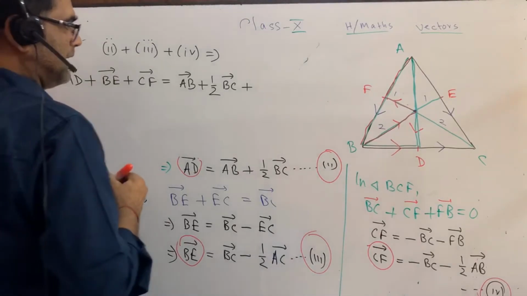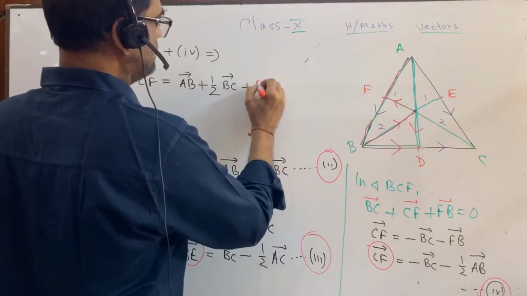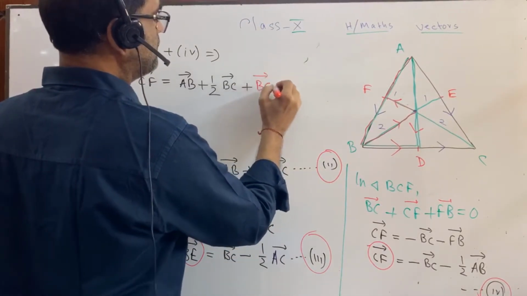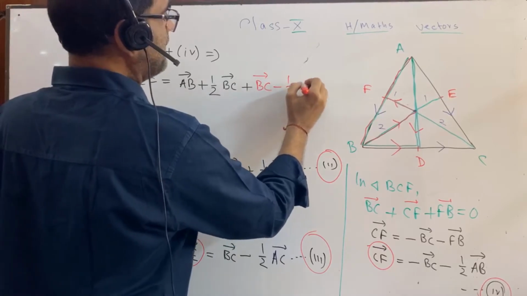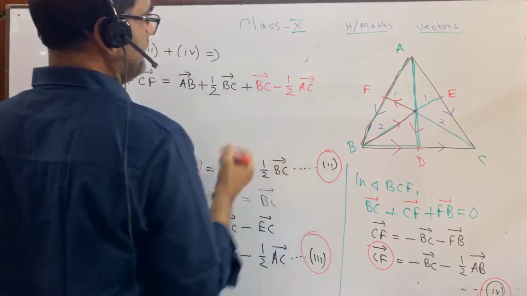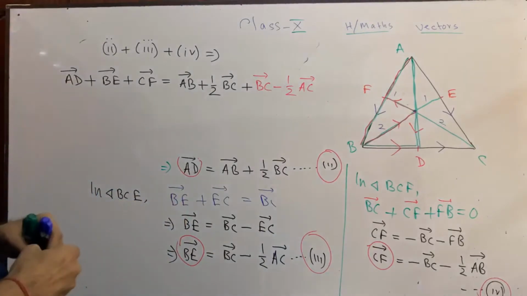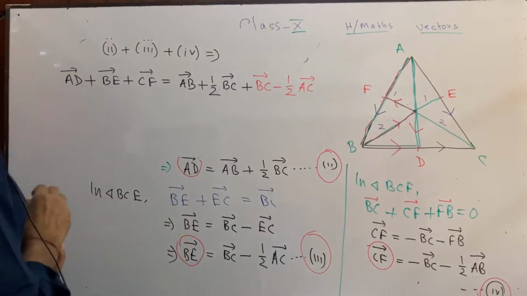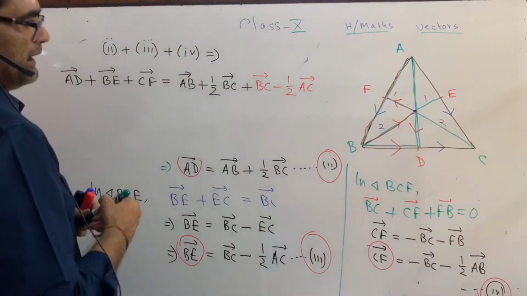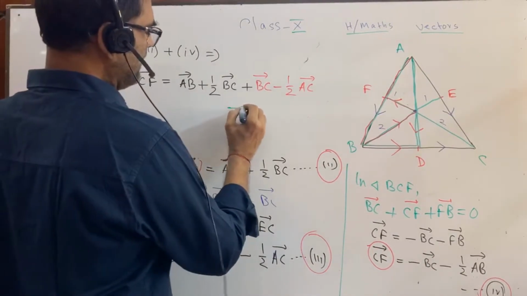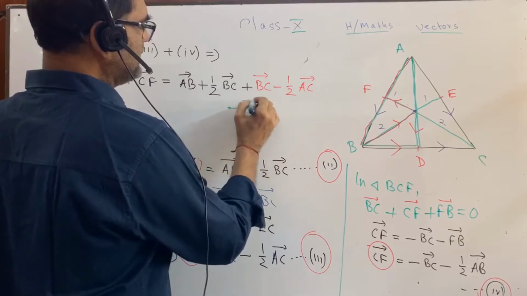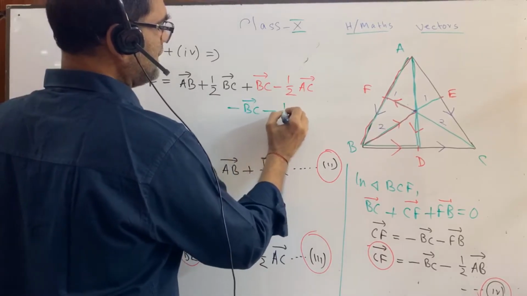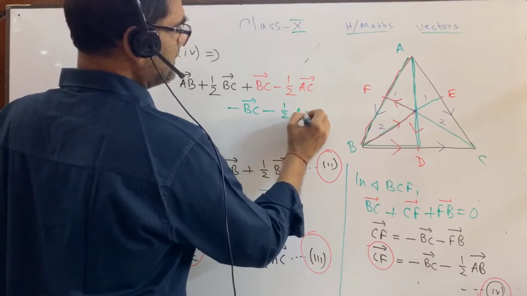Then minus BC minus half of AB. Write it down.